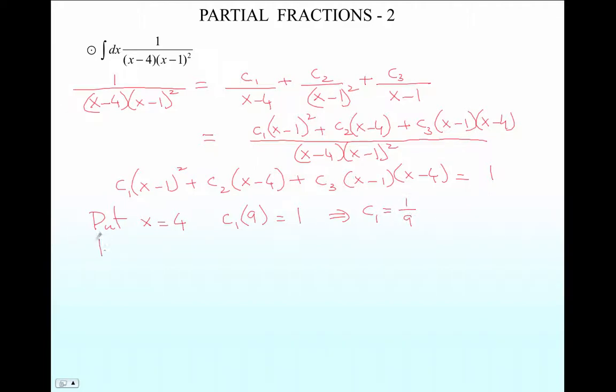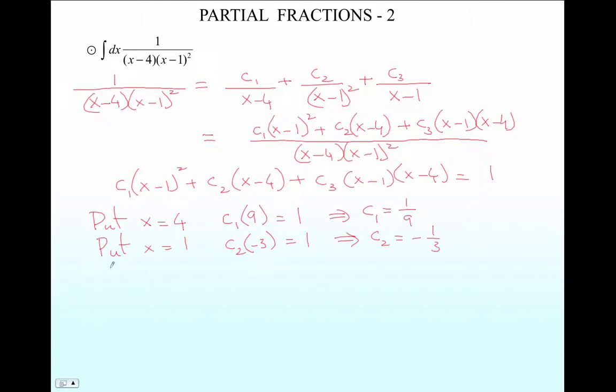Next, let me put x equal to 1. If I do that, then the first term goes away, the third term goes away, and I'm only left with c2 into 1 minus 4, which is minus 3, and the right-hand side is 1. That says that c2 is equal to minus 1/3.